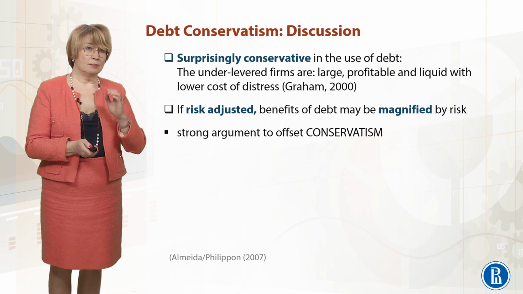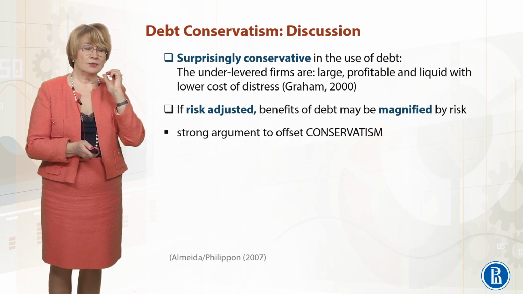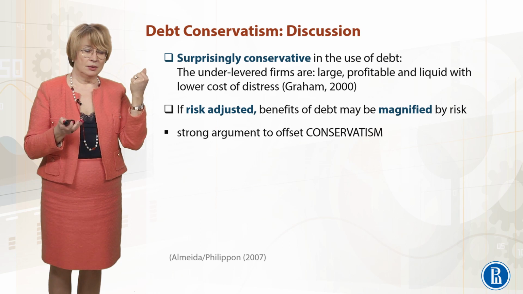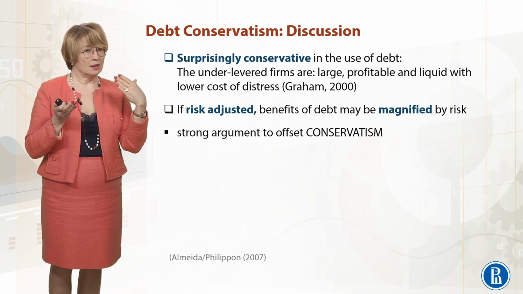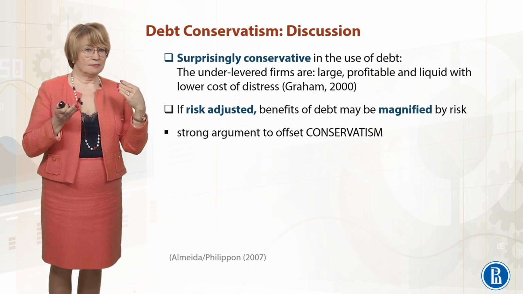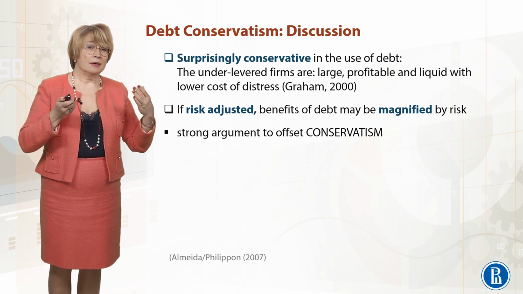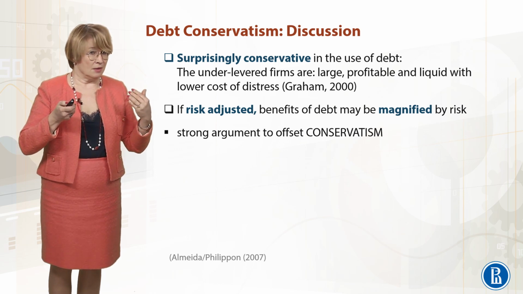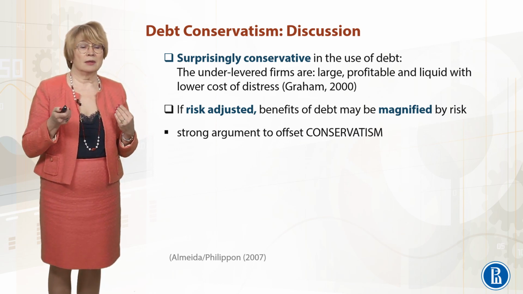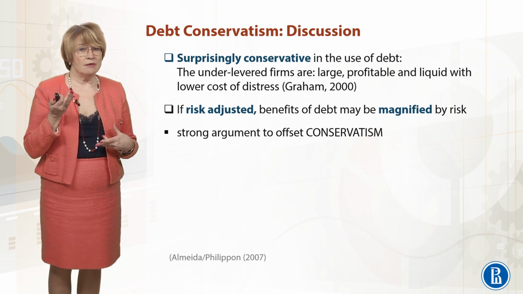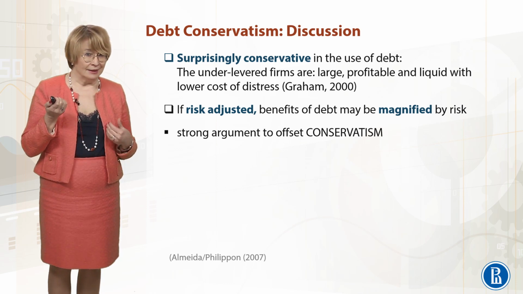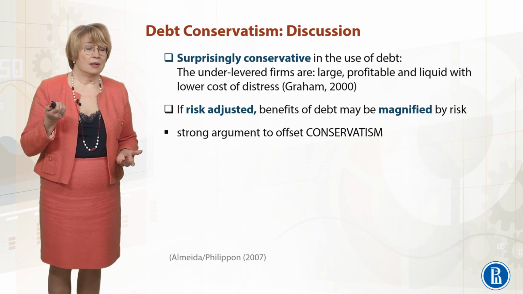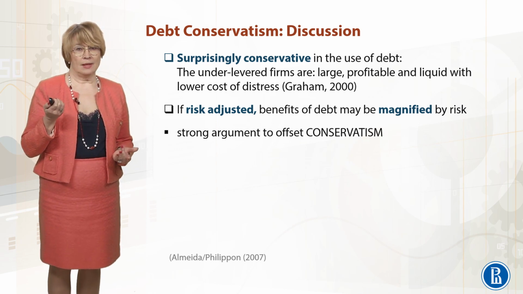Finally, there is a very important point, so-called debt conservatism. Remember, if we are talking about the trade-off conception, we should be very cautious about the cost of financial distress. And there is some academic discussion in the research papers saying that if you look carefully, you may find situations when companies are really under-levered and they are surprisingly conservative in using debt.